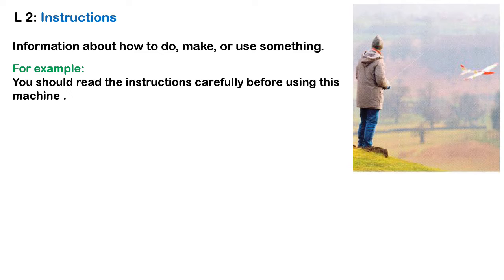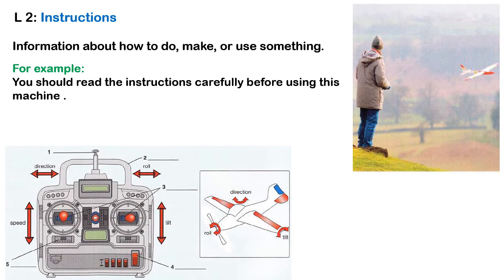Yes, he is flying a plane. What does he hold in his hands to fly the plane? What do you think? Yes, he is holding a remote control. So in this picture we were trying to study all the parts of the remote control, and in the other picture, the plane, we studied the directions of the plane.